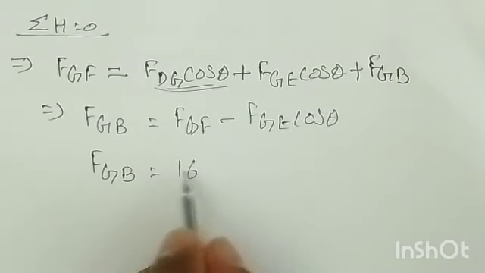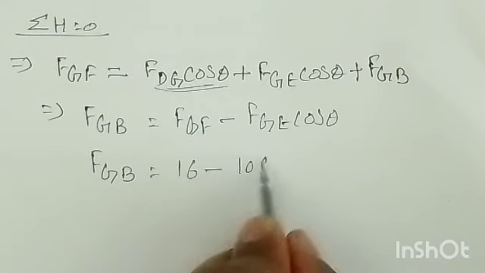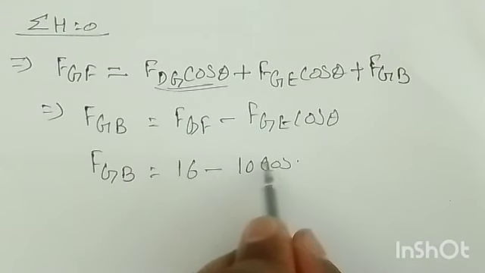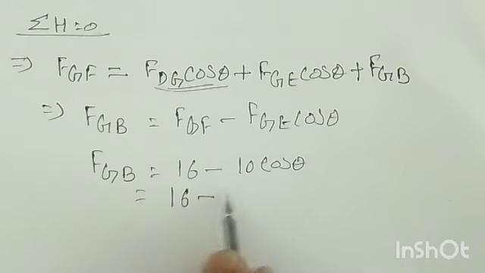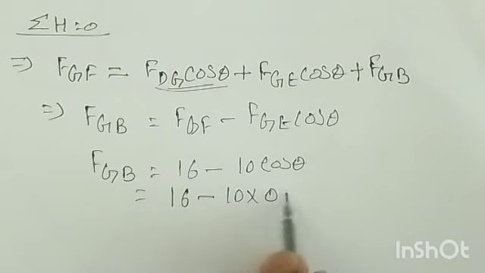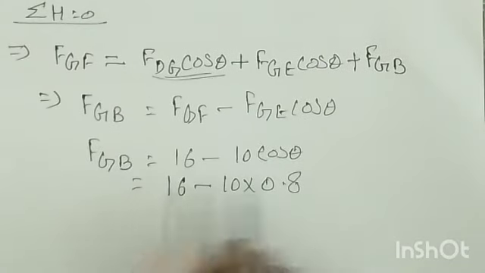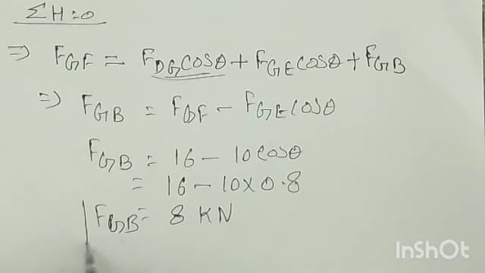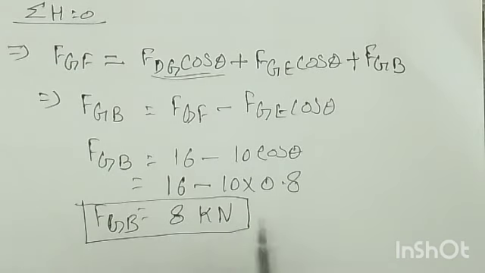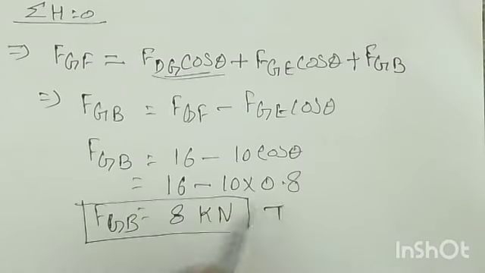So it is 16 minus 10 into cos theta, and cos theta is 0.8. So now it will be 8 kilonewton. So this is your F_GB. The force in GB we calculated, and this is tensile, so you can write T.